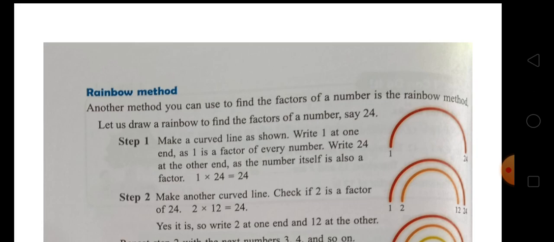That means 1 multiplied by 18 equals 18, 2 multiplied by 9 equals 18, 3 multiplied by 6 equals 18, and 4 multiplied by nothing, because 18 is not exactly divisible by 4.